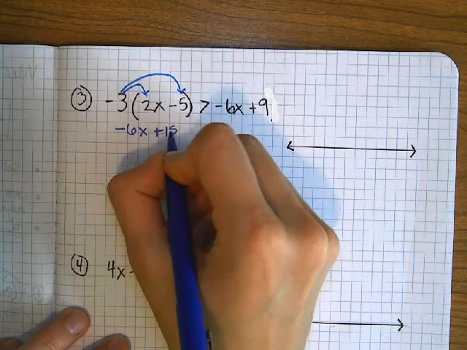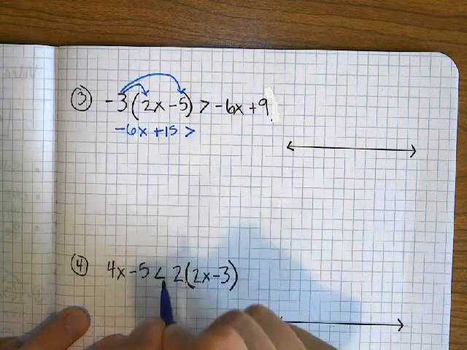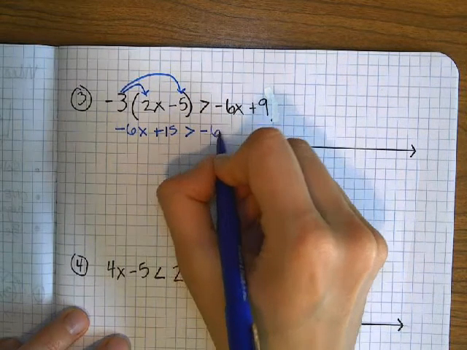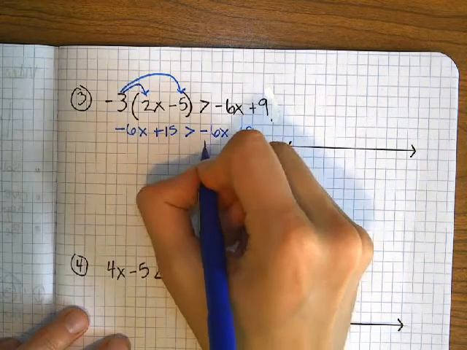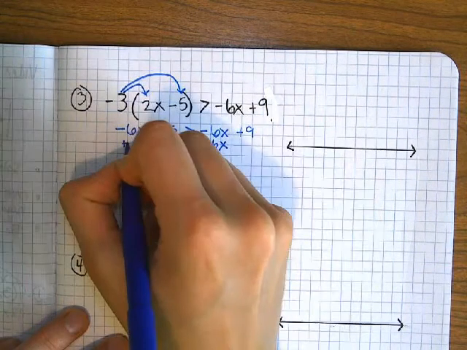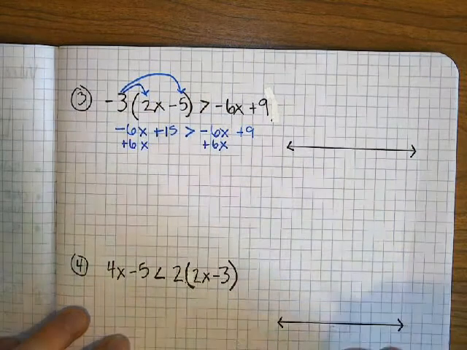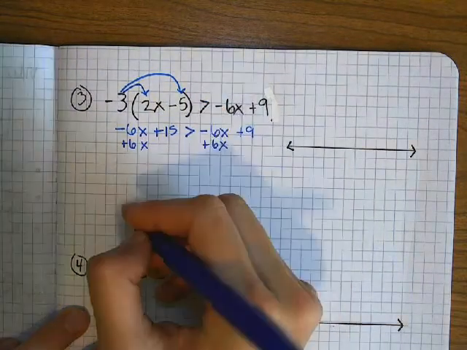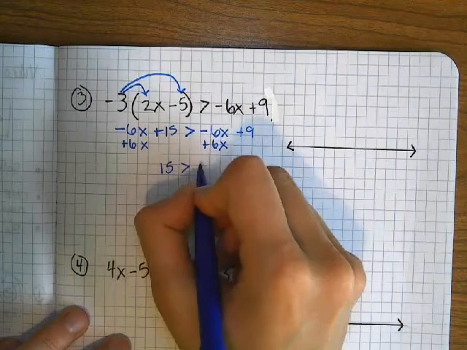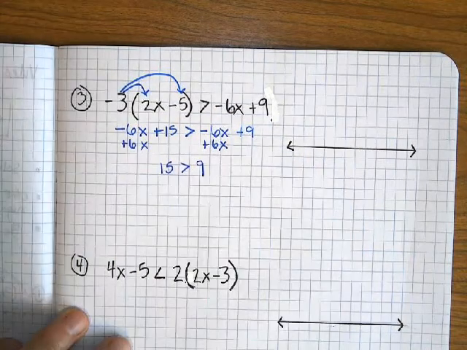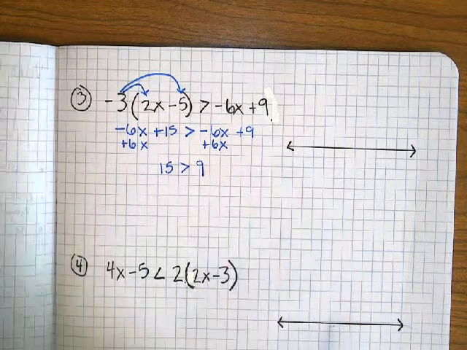So I've got my -6x plus 15 is greater than -6x plus 9. I'm going to add 6x to both sides because we want to get our variables on one side. But when I do that, they cancel out on both sides. And so I'm just left with 15 is greater than 9.